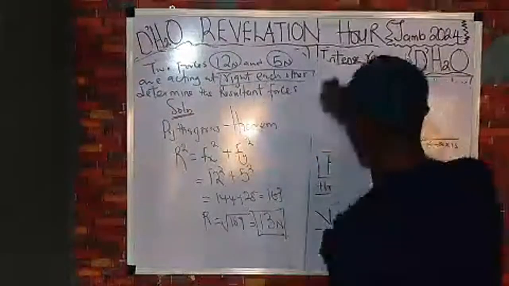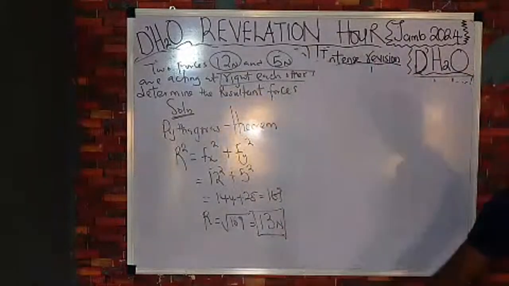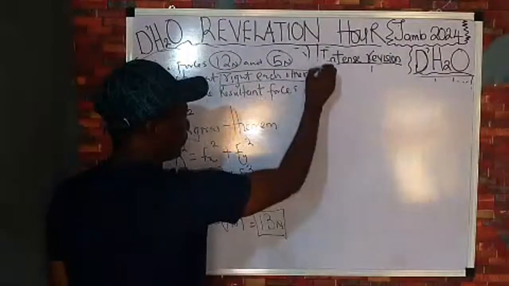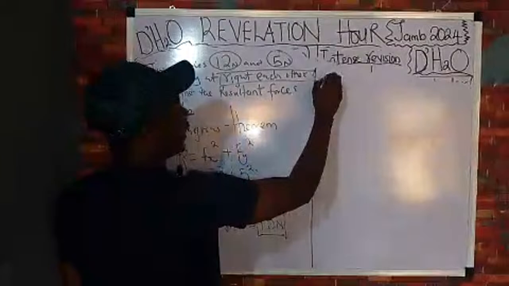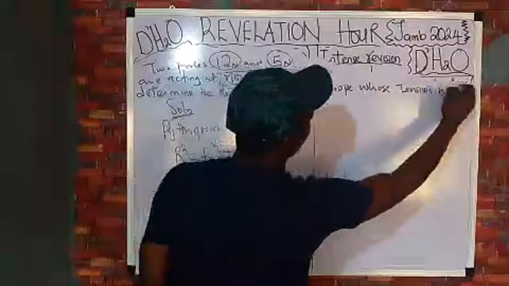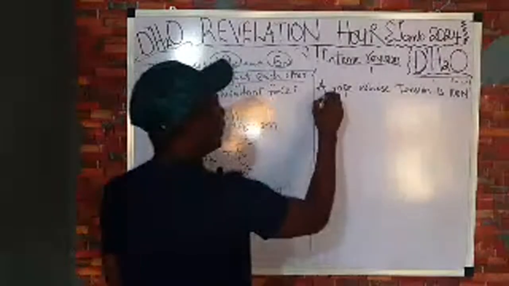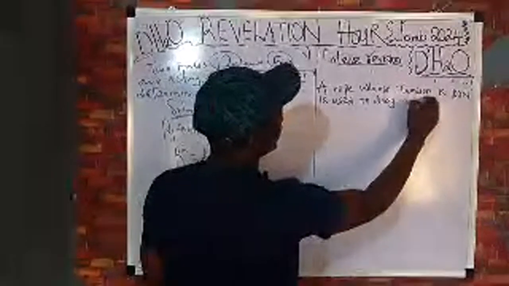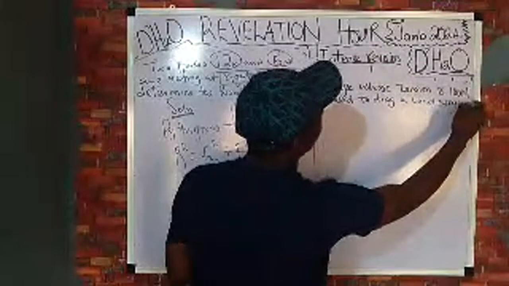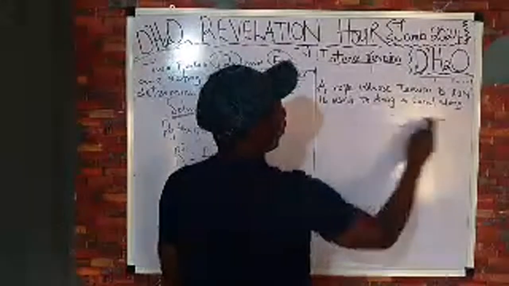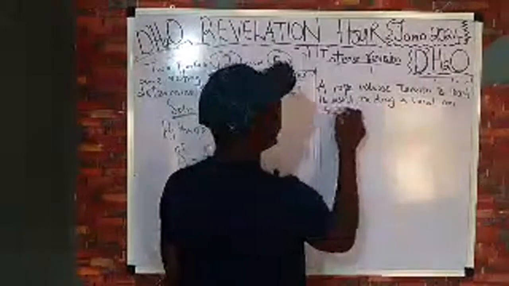Oh yeah, we'll take another question. Now, watch this. This one is very, very common. A rope whose tension is 100 newtons is used to drag a load on the floor.